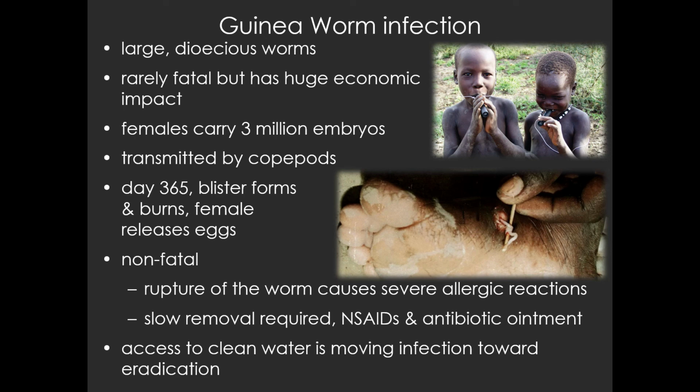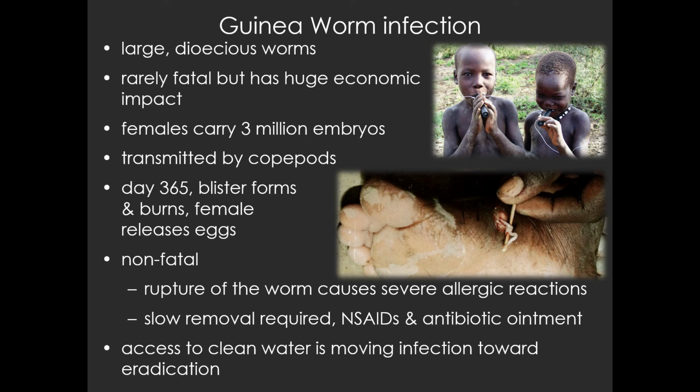As I mentioned, it is non-fatal, but the rupture of the worm can cause a severe allergic reaction, which means that you can't just yank this thing out of yourself. You actually have to remove it very slowly over a period of a few weeks by grabbing the worm as she tries to release her embryos, tying the end of the worm to a small stick like a matchstick and slowly twisting out a couple of millimeters of this worm every day until she's gone.